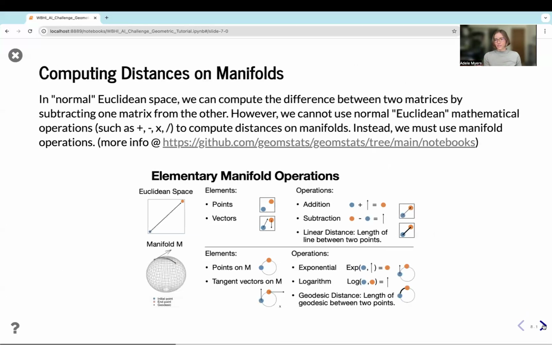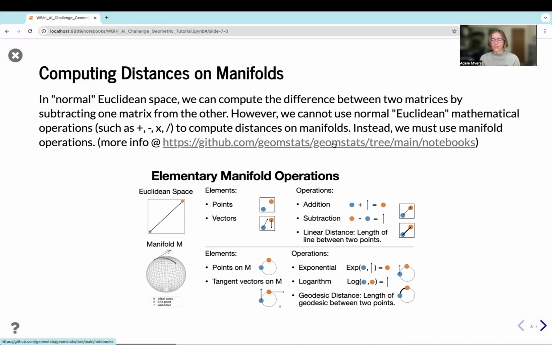So how do we measure distances on manifolds? This is an entire area of study. We're going to go over a very brief summary, but if you're interested in this topic, I welcome you to check out the tutorial on geomstats, which is linked here.